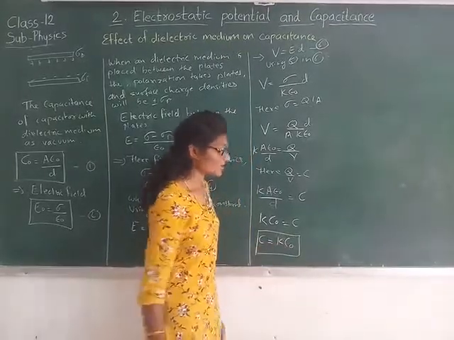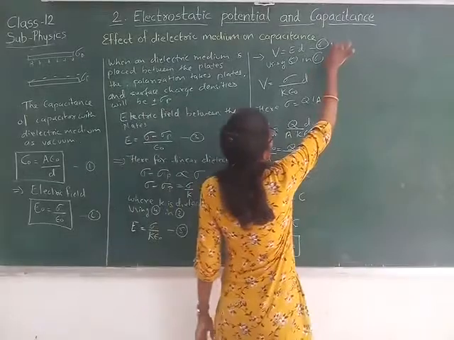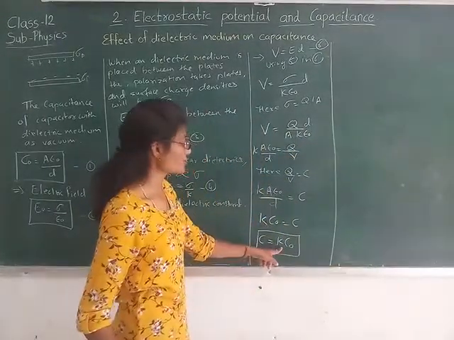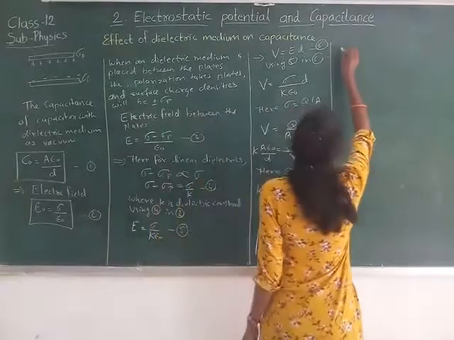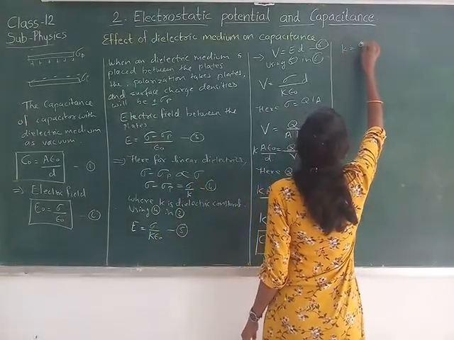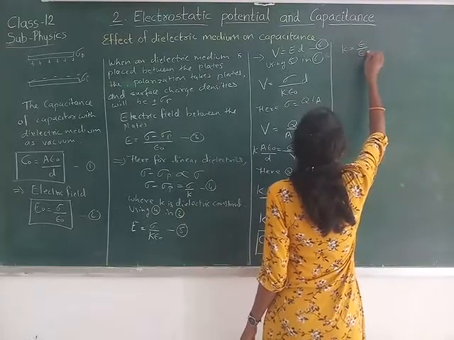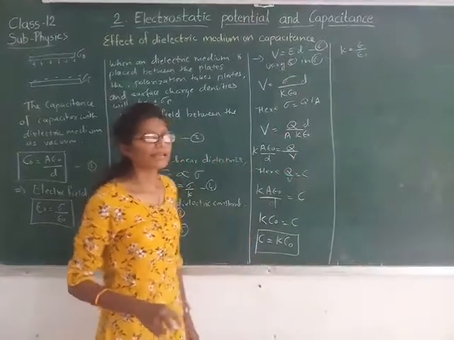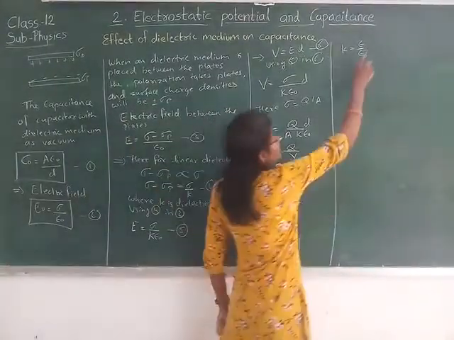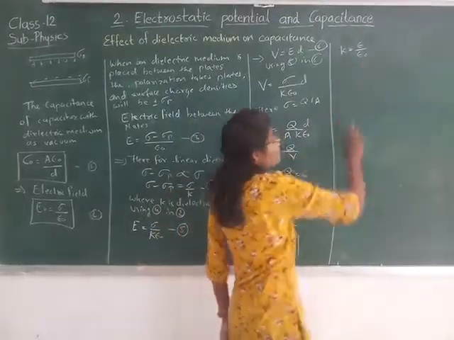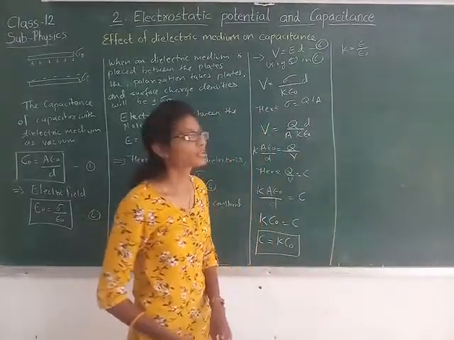So C equals KC0. From this equation, we can say K equals epsilon by epsilon 0, right? That is, the dielectric constant equals the permittivity of the medium divided by the permittivity of free space.